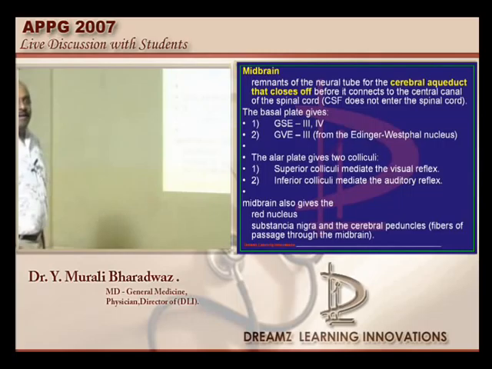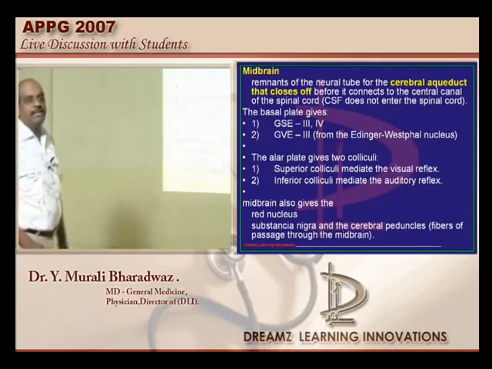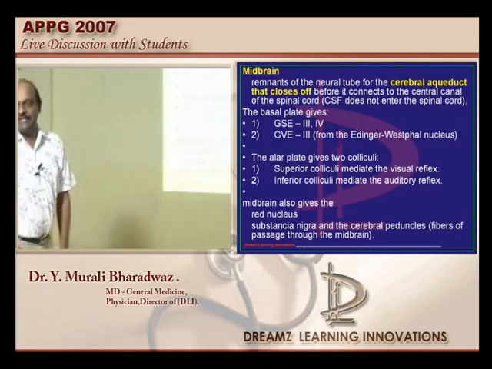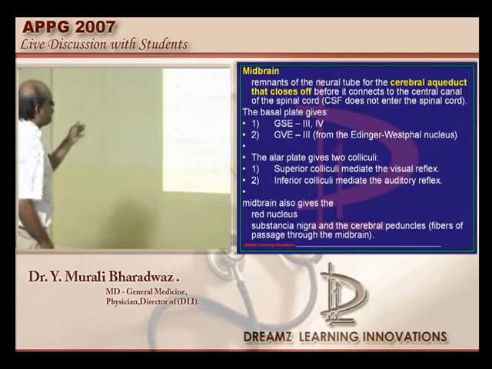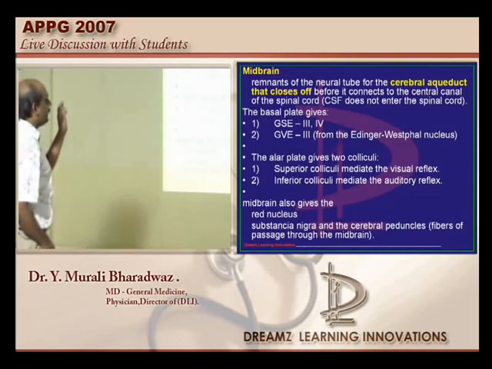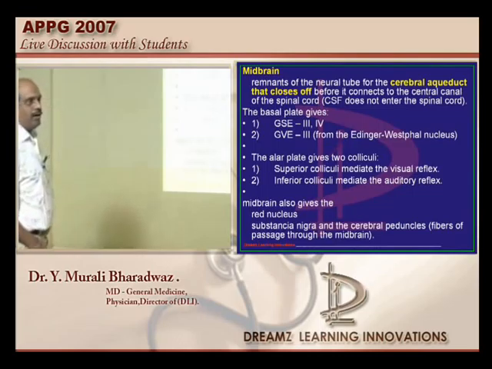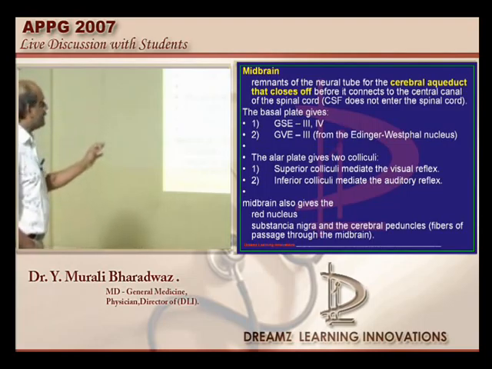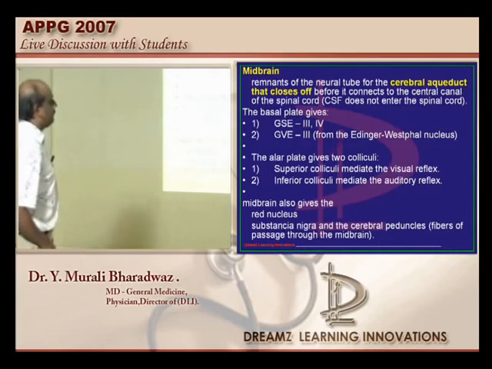So basically, if you look at the embryology of the midbrain, doctor, there are certain basal plates and alar plates. The basal plates will be giving rise to the general somatic efferent nucleus of cranial nerves 3 and 4, that is the oculomotor and trochlear, and the general visceral efferent, that is the cranial nerve 3 Edinger-Westphal nucleus, comes from the basal plate.